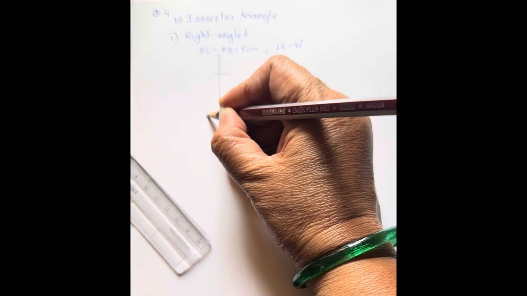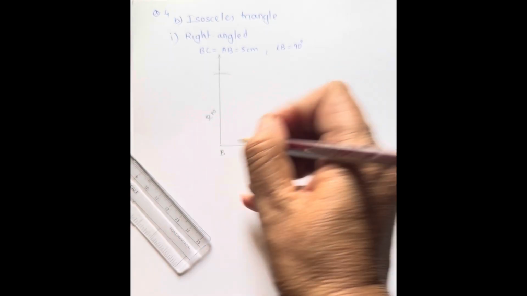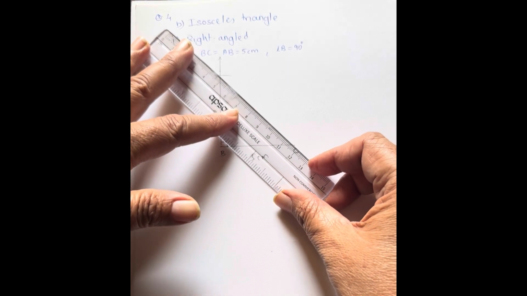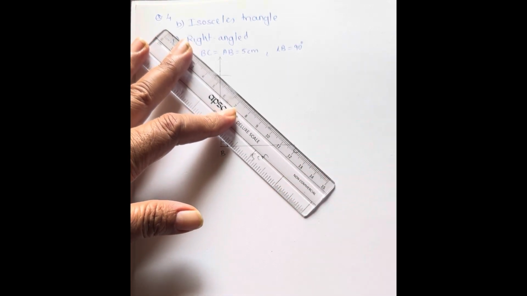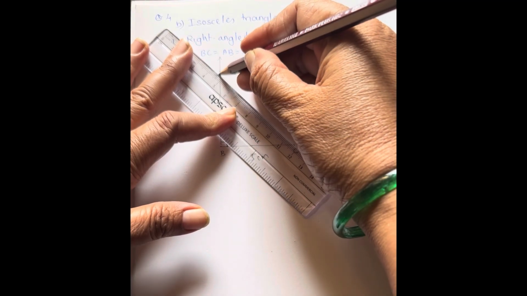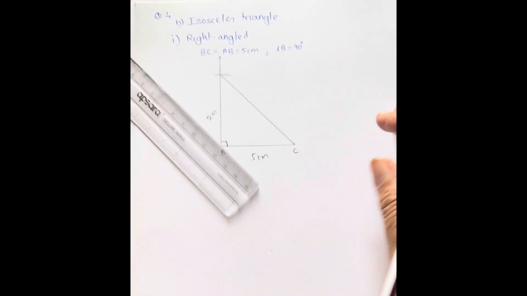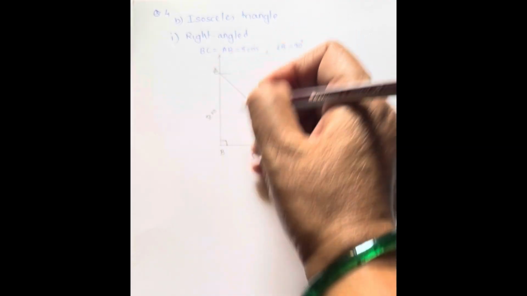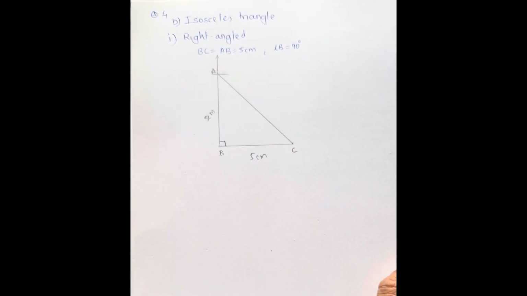So we have drawn 5 centimeter, 5 centimeter, this is 90 degree, right? So that part is satisfied. So then we can just join, this is point A. We join AC. So we get a triangle ABC, which is an isosceles triangle as well as a right angle triangle.